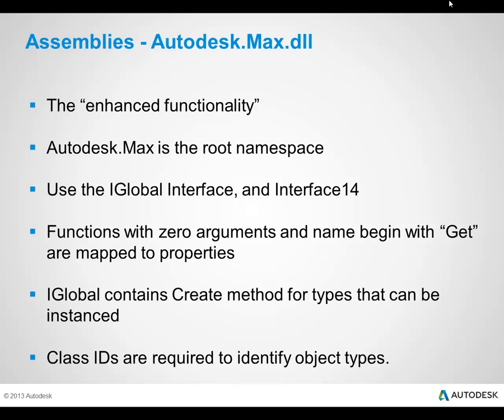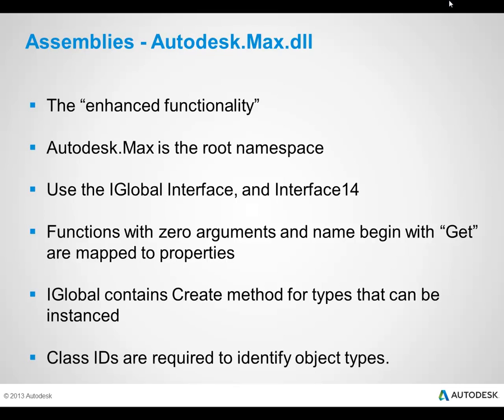The way the API was created, so I mentioned in the earlier class that these are wrappers around the C++ APIs, but they did want to make some attempt to make them nicer for the .NET API. So what they did was they took all the functions in the C++ SDK that took 0 arguments, like, I don't know, get node. And if it begins with the word get, they're mapped to properties.